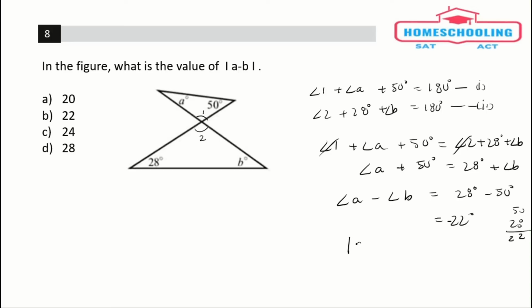As in the question it is given as mod a minus b, we can write it as mod minus 22 degrees.